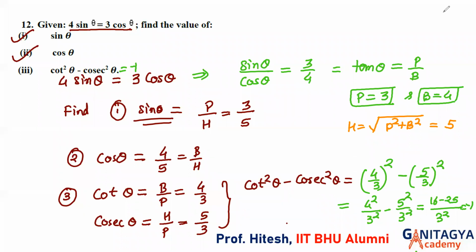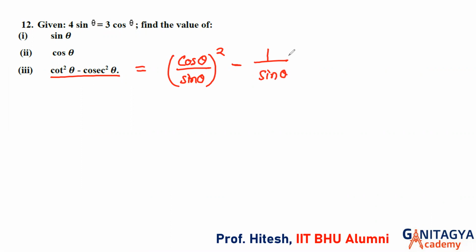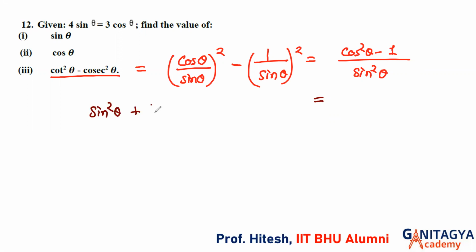Perfect. Let me clear this. Now, I used to derive it again and again; you can derive it also. Cot theta is cos upon sin theta, minus cosec is 1 upon sin theta. So I can write it as cos square theta minus 1 upon sin square theta. Now you know that sin square theta plus cos square theta is equal to 1.